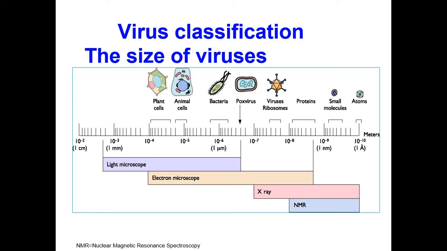Below 10 nanometers, X-ray diffraction can be used, or further below, nuclear magnetic resonance spectroscopy can be used to see the different objects in further detail.